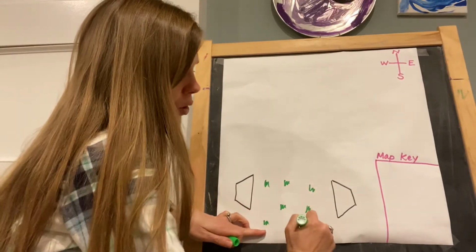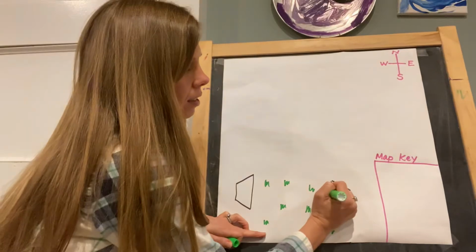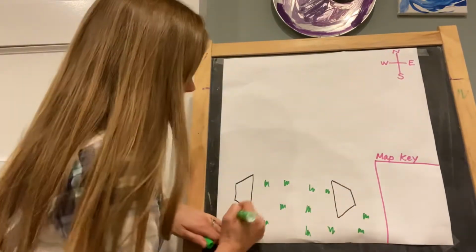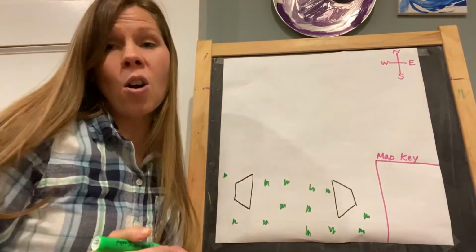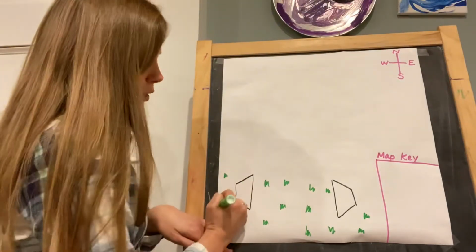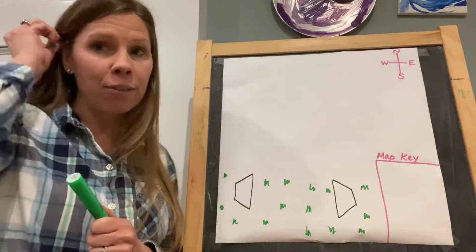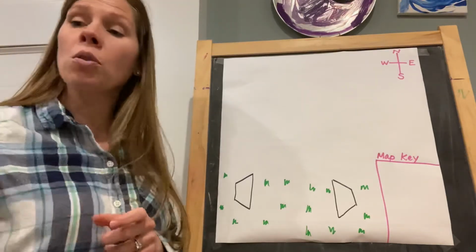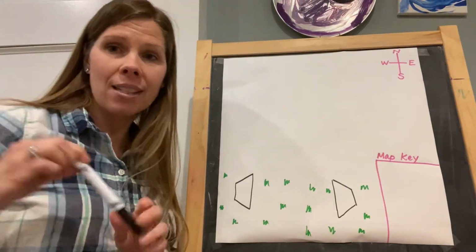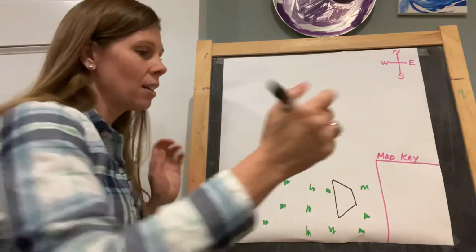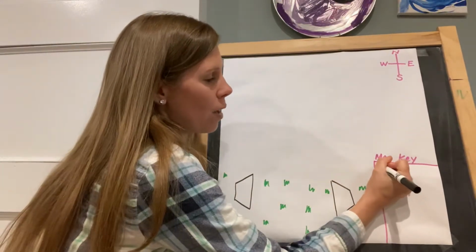I could just color the whole section green, but that's not going to look that good with markers, and I'm using markers for this. If you're doing this at home, I would recommend doing it with a pencil first in case you mess up, and you can always fix that afterwards. Now, I've already drawn two things, so I don't want to get too far ahead of myself. I'm going to put these things in the map key. So I'm going to draw my trapezoid.